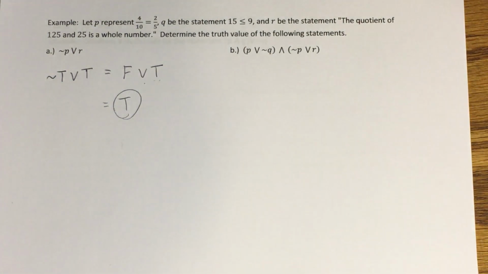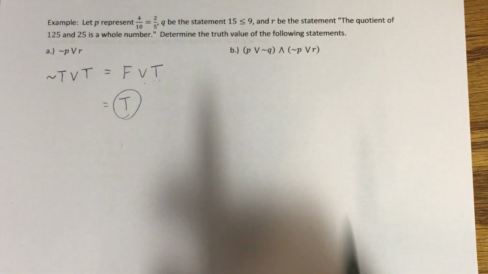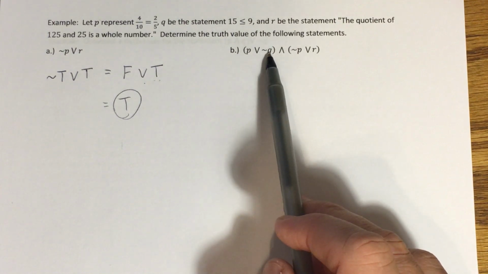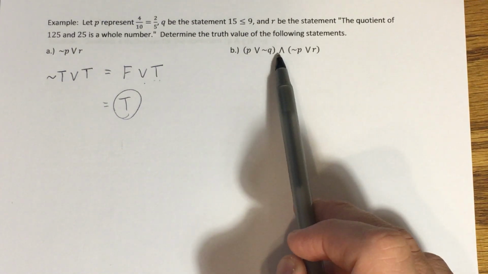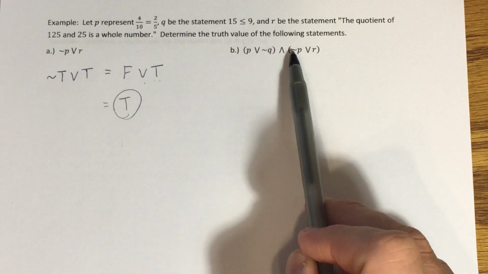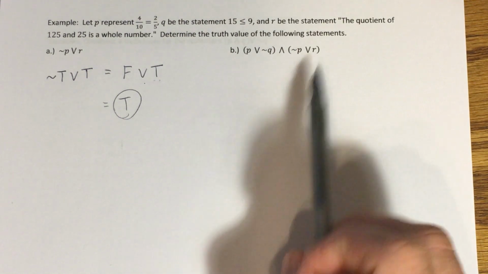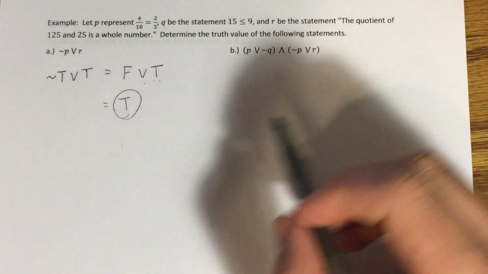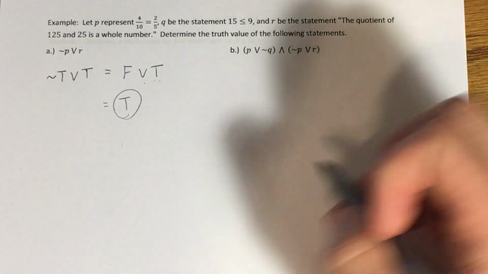This next one looks a little bit more involved. So let's give this one a shot. This one says P or not Q. Notice that it's in parentheses. And another compound statement, not P or R. So this one's pretty complicated compared to the last one, but it's the same approach. Substitute in your truth values.